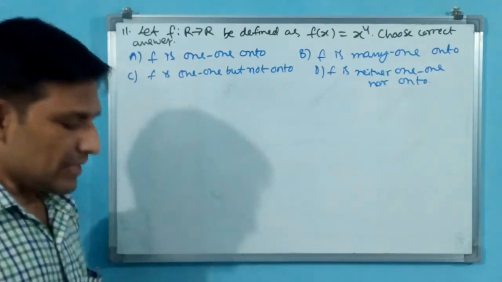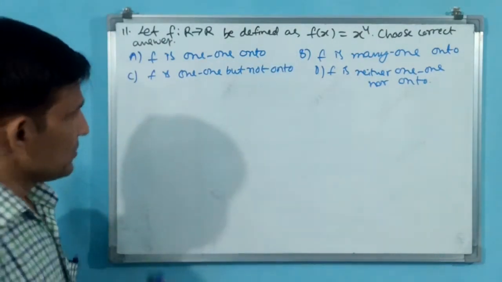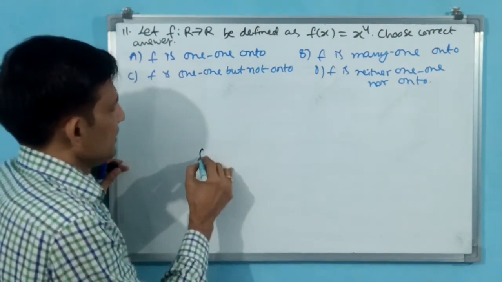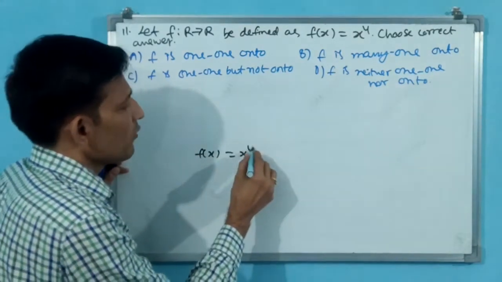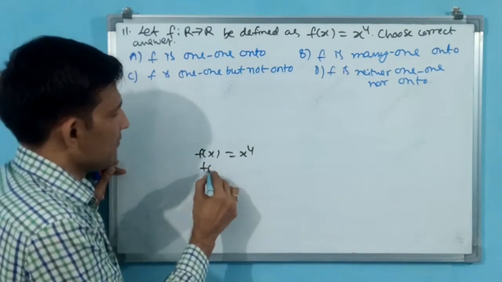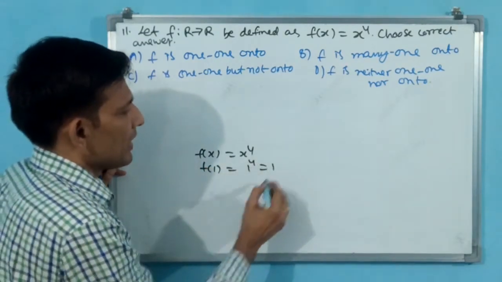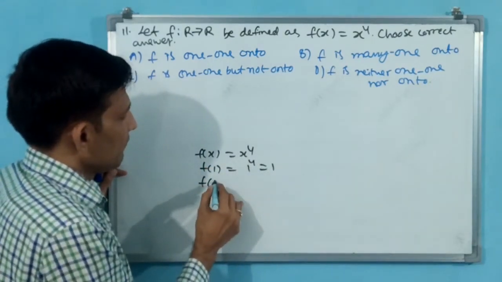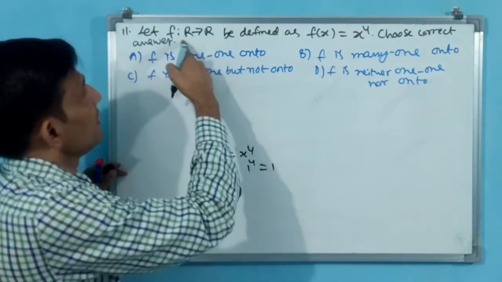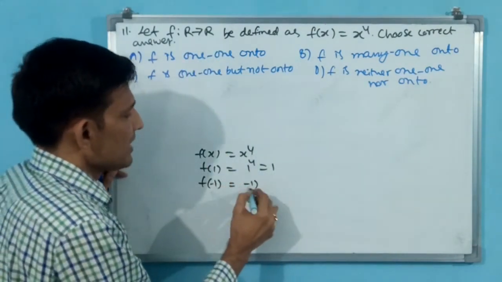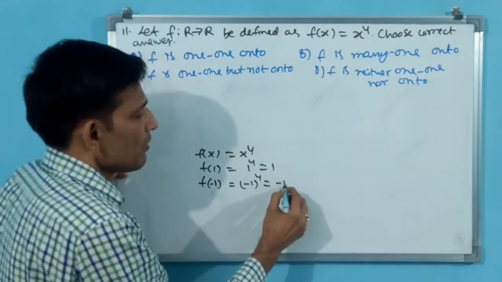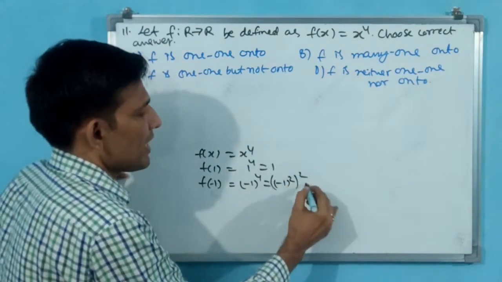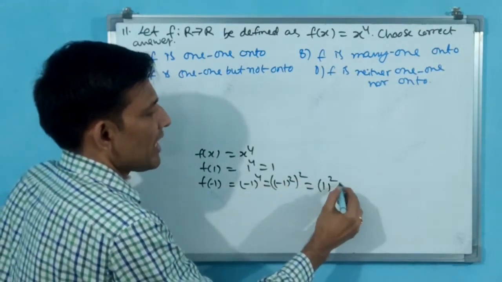Okay, if you observe this x power 4, see the analogy I am making. f(x) = x power 4 means f of 1 is 1 power 4, which is 1. f of minus 1 is minus 1 power 4, that is also 1.